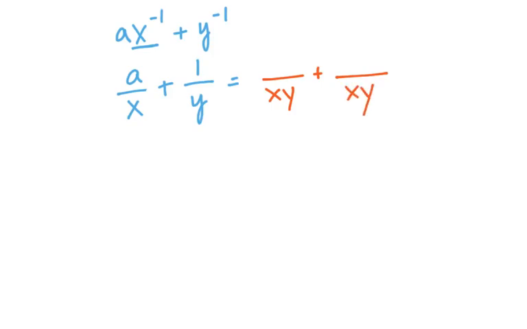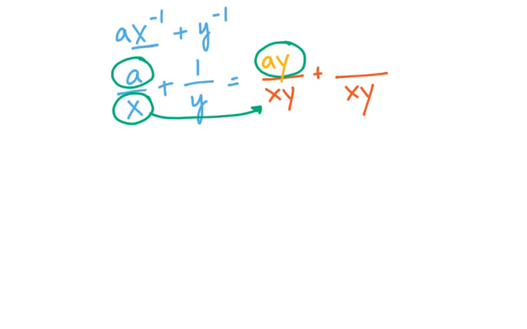Then we need to decide what to put in the numerator of the first one. We need to multiply this numerator by whatever we needed to multiply the x by to get the new denominator. So x needed to multiply by a y to become xy. So I am going to multiply that a by a y as well.